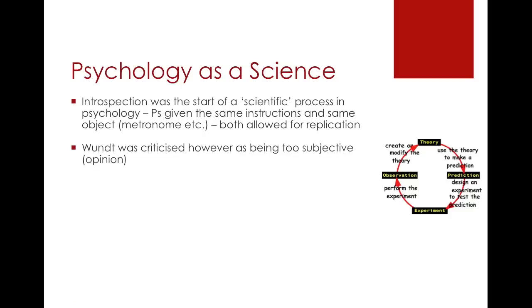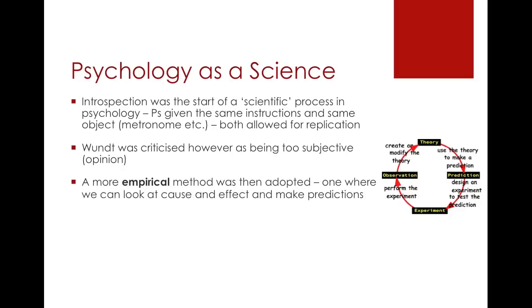However, he was criticised because introspection was seen as very subjective. We're actually fairly poor at understanding why or how we think about things. And so for his main method, introspection, looking at the internal world of individuals, that's not necessarily a good thing.